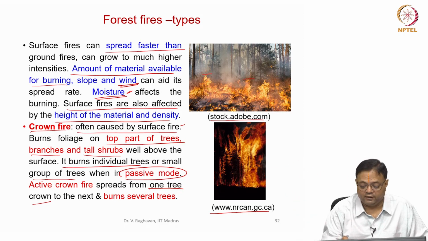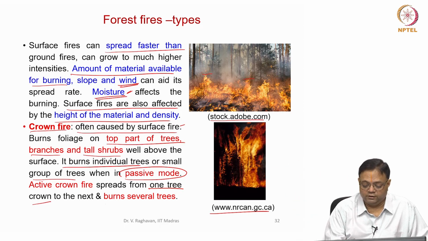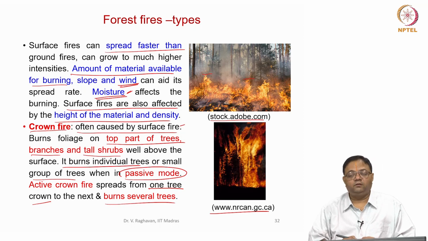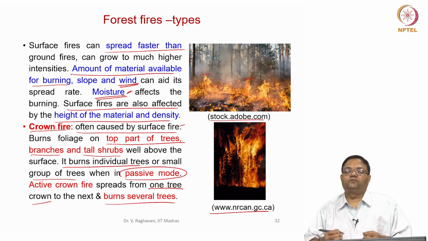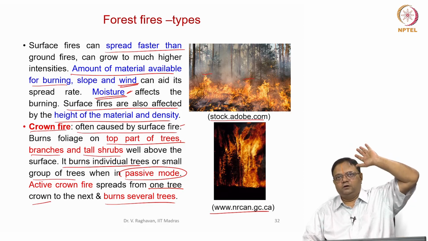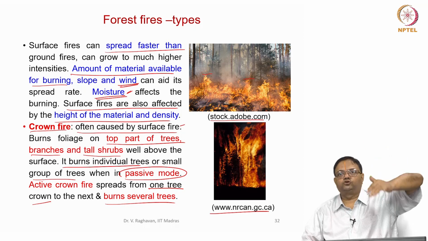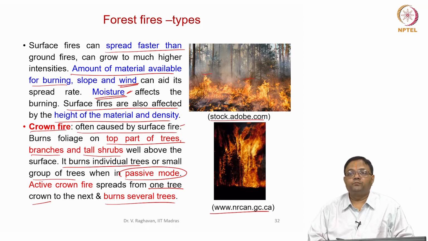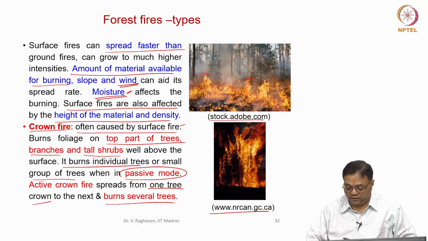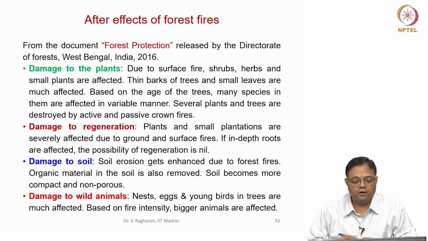So that is the second level of this. Now in this case, based upon the dryness of these trees, the amount of branches, shrubs, etc., present in the top portion of the tree, the burning rate will be severe and it can burn several trees at a time.